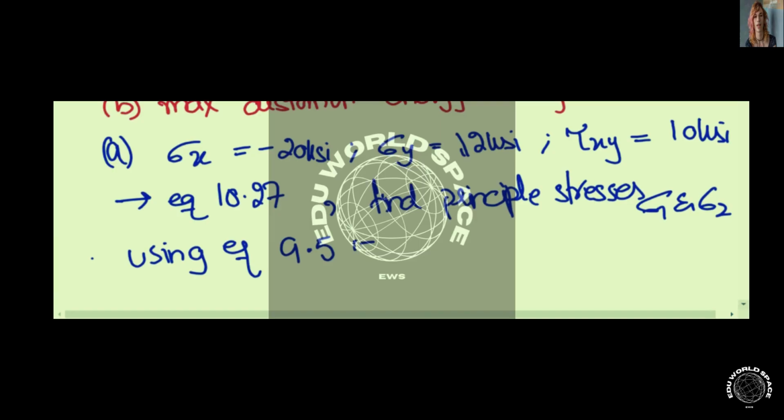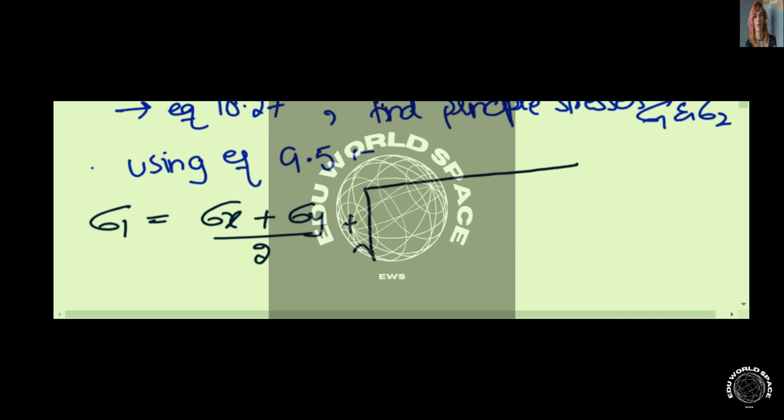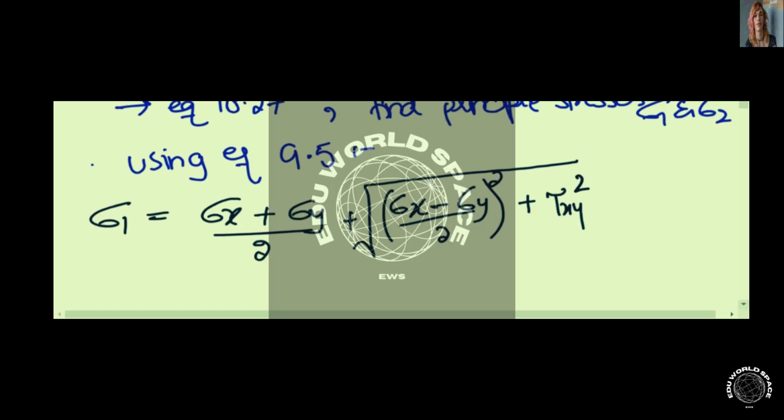So sigma sub 1 is equal to (sigma sub x plus sigma sub y) divided by 2, positive under root, ((sigma sub x negative sigma sub y) divided by 2) squared plus tau sub xy squared.